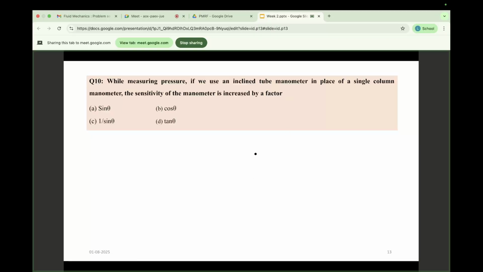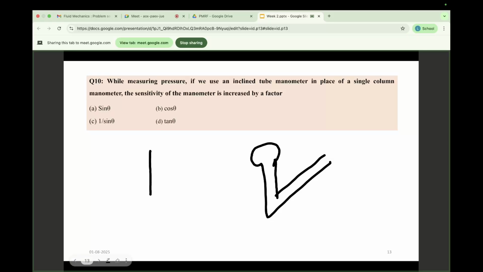So basically the difference between these two scenarios: this is an inclined one, and say this is a single one. Just I am drawing like this.